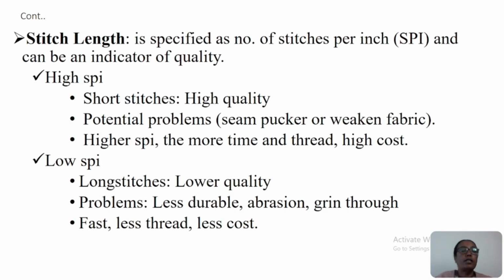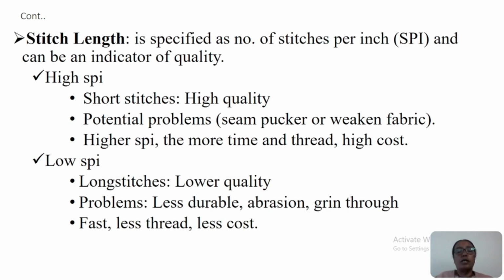So a high stitch per inch means shorter stitches and higher quality. Potential problems: sometimes seam pucker or weakened fabric because the stitches are short and it has a high stitch per inch. And the higher the stitch per inch, the more time and thread are used. So it has high cost because of using more thread and more time.